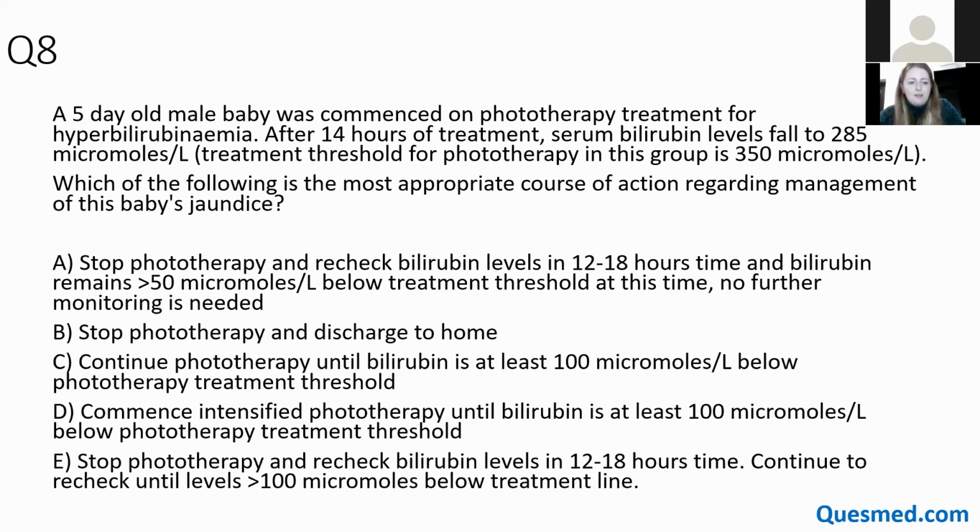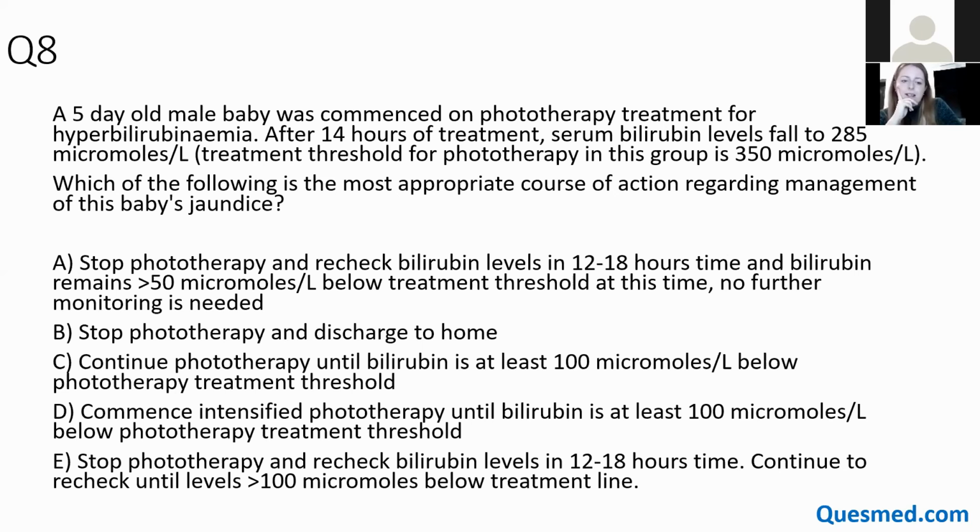Is it A, stop phototherapy and recheck bilirubin levels at 12 to 18 hours time, and if the bilirubin remains over 50 micromoles below the treatment threshold, no further monitoring is needed. B, stop phototherapy and discharge to home. C, continue phototherapy until bilirubin is at least 100 below the phototherapy treatment threshold.